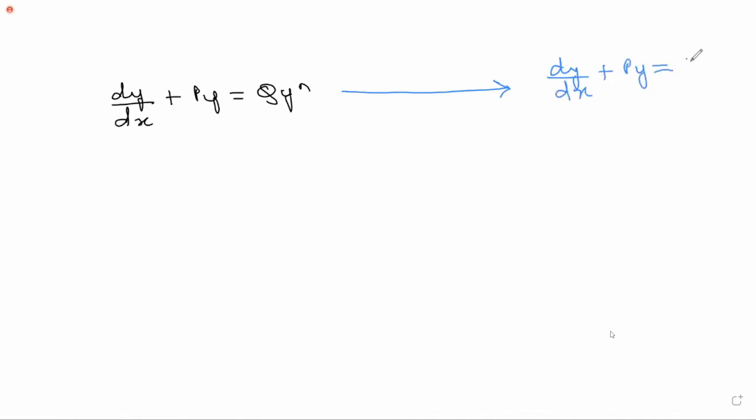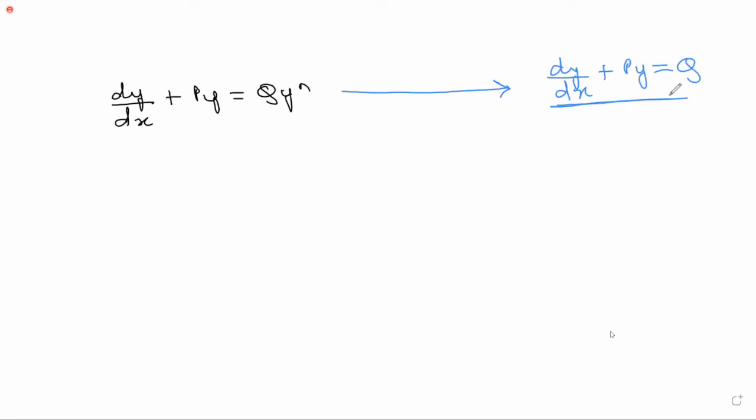So dy by dx plus py is equal to q y raised to n. I've already told you the conditions for n. Now our aim is to convert this equation to the form dy by dx plus py equals q, so that we can find the integrating factor and solve.